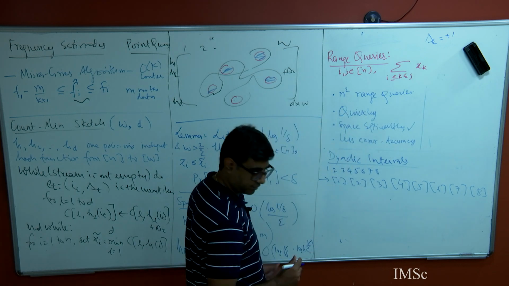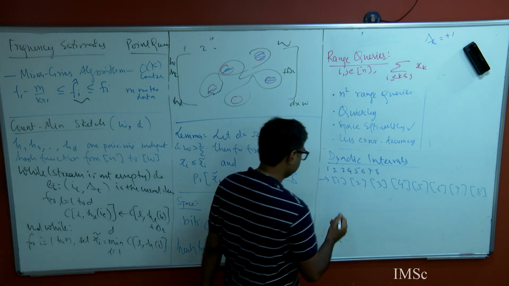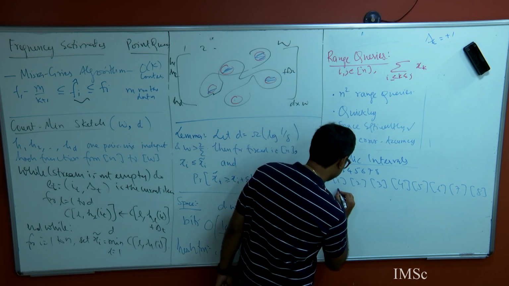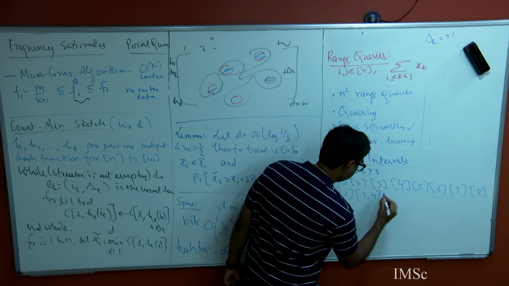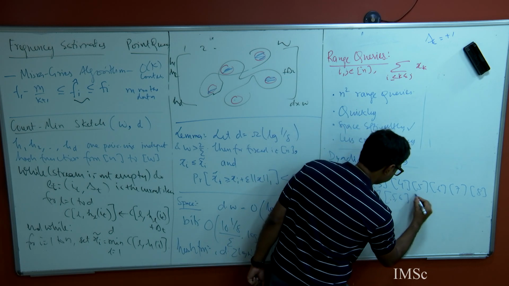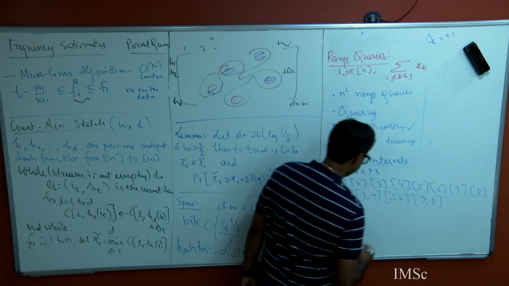Next are of size 2 each, continuous: 1, 2, 3, 4, 5, 6, 7, 8. Next stage of size 4.